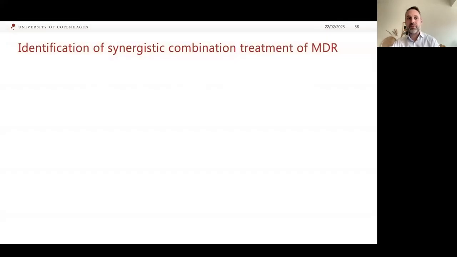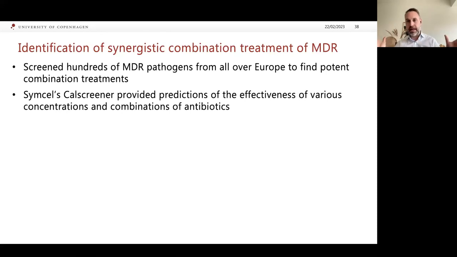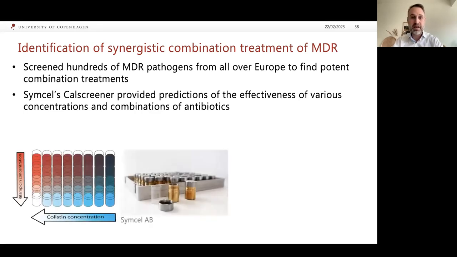What we did was that all these many labs all over Europe screened a lot of multi-drug resistant pathogens that were super resistant to a lot of different types of antibiotics. In the calScreener, they would mix some of these drugs that they were resistant to in different combinations to see if we could predict some effective synergistic treatments.